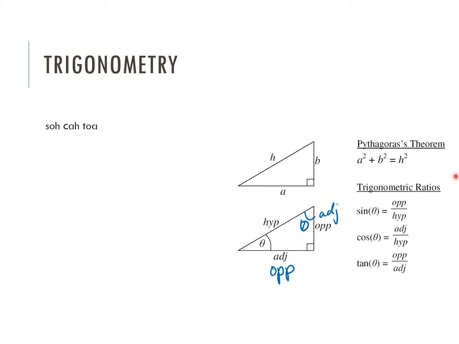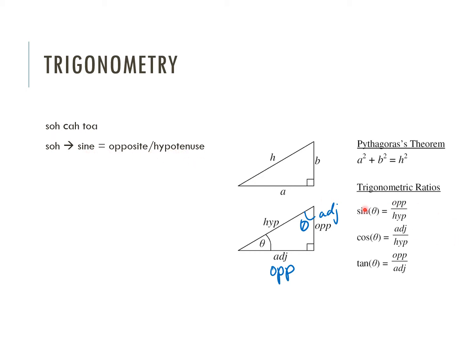However, I know it helps some people, so I want to spend time going over it as SOHCAHTOA, but it represents the same things that we see in the trigonometric ratios on the right over here. So what SO tells us is that sine is equal to opposite over hypotenuse.